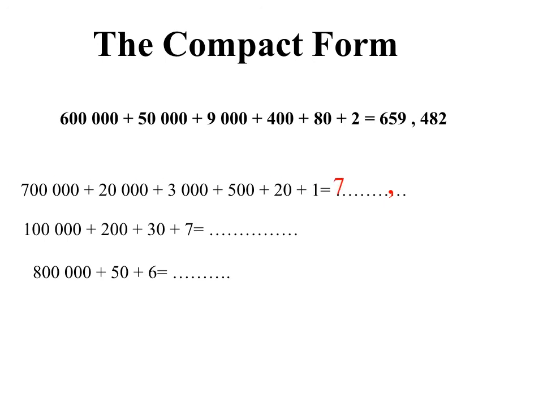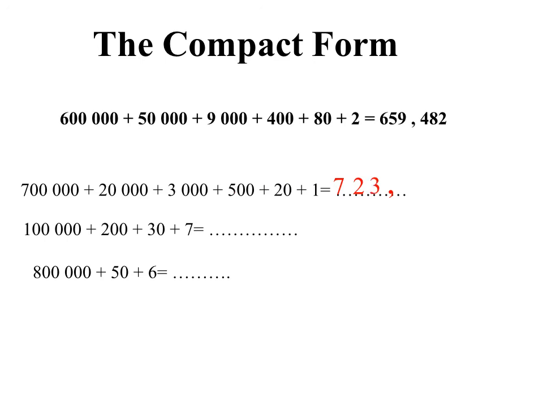We will put just 7. Then 20,000, it's in the 10,000 place, so we'll put 2 without its zeros in the 10,000 place. Then there is 3,000, so we'll put 3 in the 1,000 place.